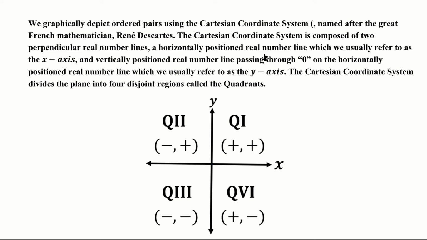The name that we usually reserve for a horizontal line is the x-axis. Each of these two number lines are called axes. The horizontal line we refer to as the x-axis, the vertical one as the y-axis.